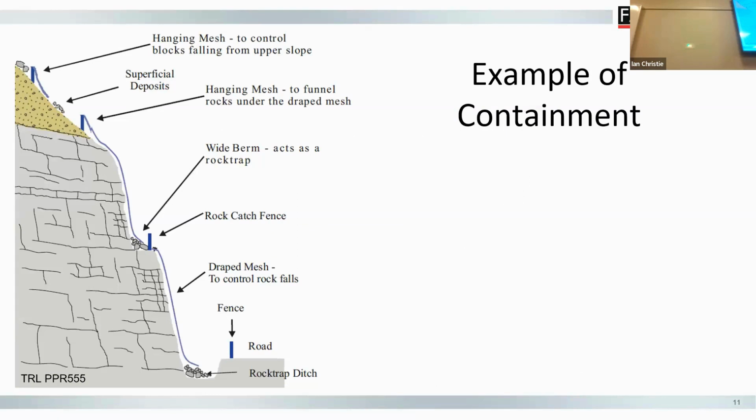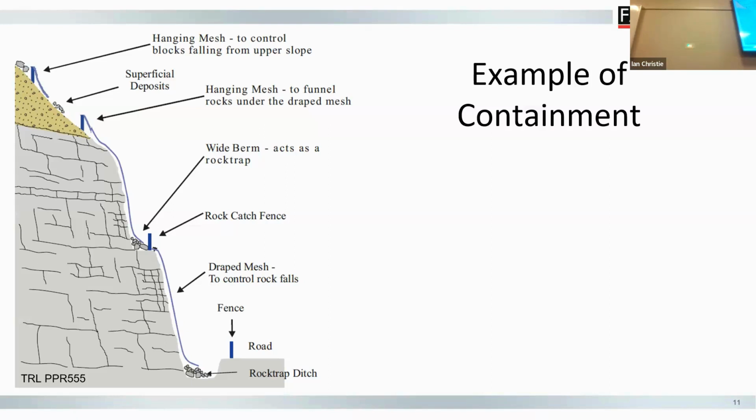Examples of containment. If we can't strengthen the hazard, or there are too many of them, then we can look at allowing the failures to occur, but we want to contain them in an area where there's no receptor. That's going to be things like draped rockfall netting, which would be attached at the crest and usually attached at the toe, but not always. That allows the material to trickle behind the netting and accumulate down at the toe where it can be maintained or removed.